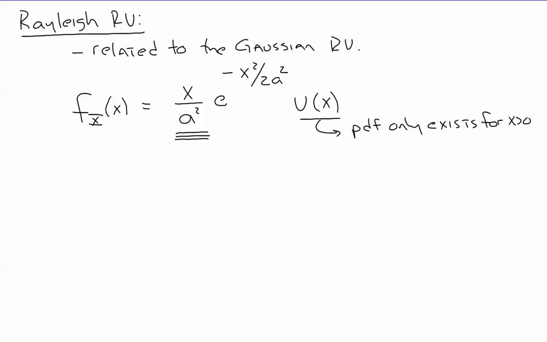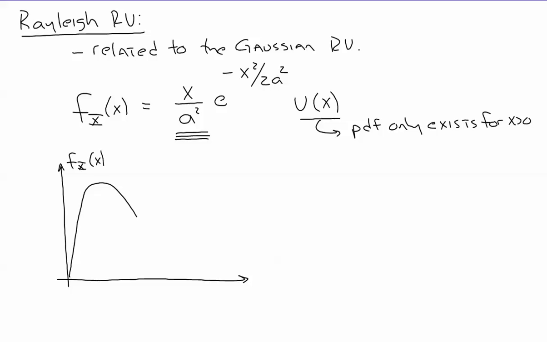So let's draw a picture of what the Rayleigh random variable PDF might look like. It starts off kind of steep, like this, and rolls over and decays. It's got a long decaying tail.